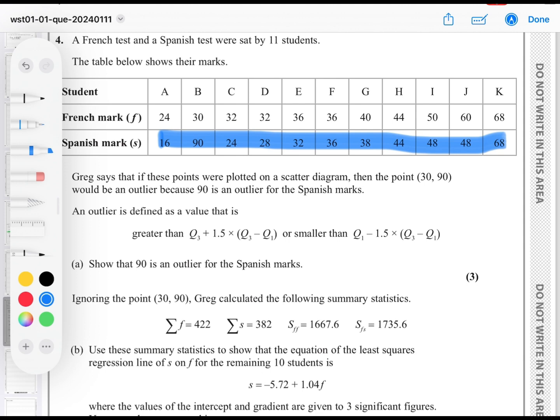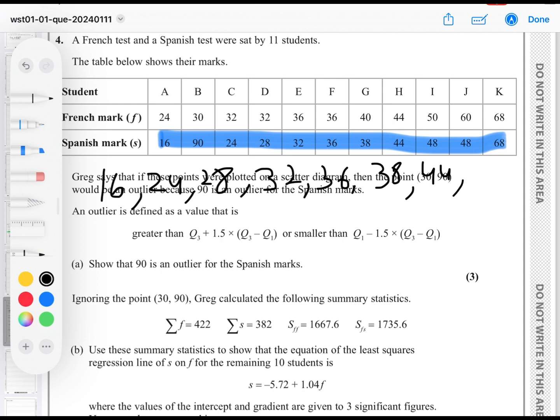So first of all, we will arrange the Spanish marks in ascending order: 16, 24, 28, 32, 36, 38, 44, 48, 48, 68, and 90. Now we will find the upper quartile and the lower quartile.